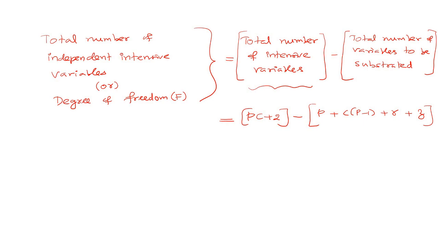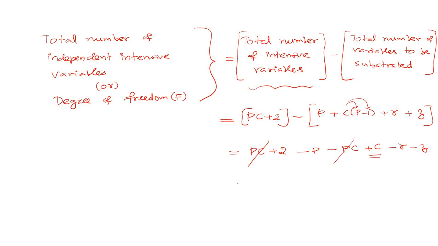So what we get here is PC plus 2 minus P, and here if I multiply this by C, you get PC, and here you get minus C. If I multiply with the minus sign, you get minus PC plus C, minus R, minus Z. PC minus PC gets cancelled.